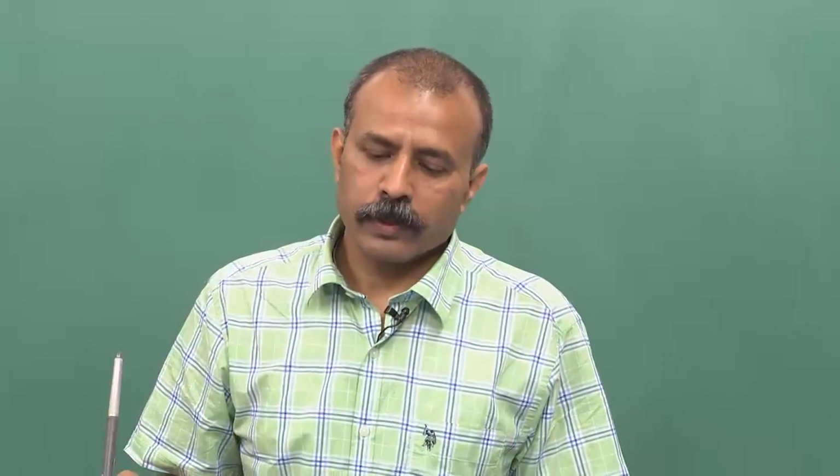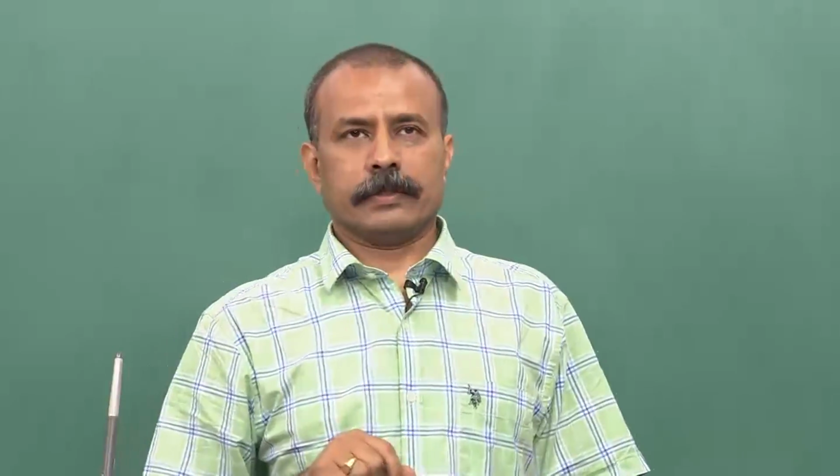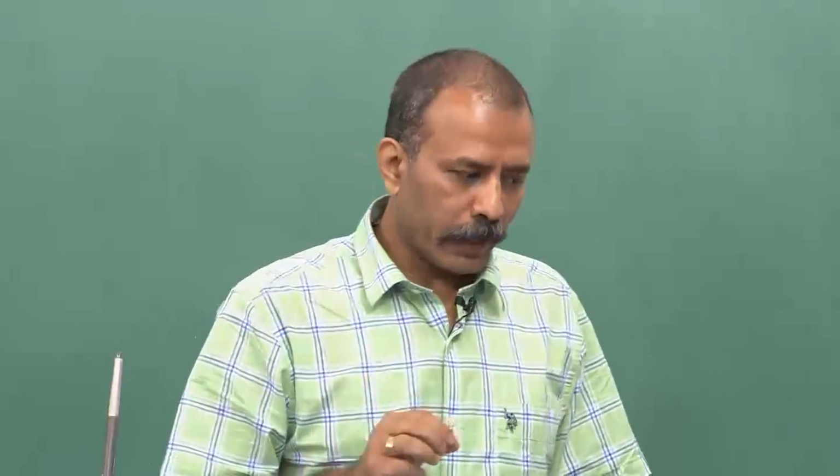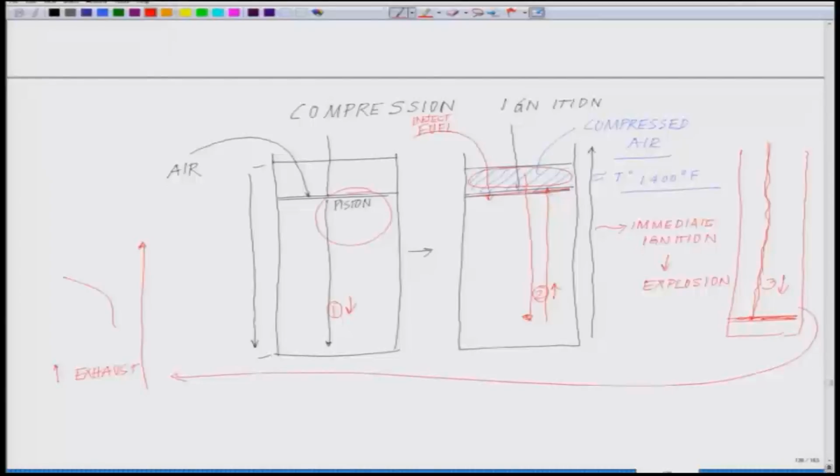That brings us to the concept of compression ignition engines. Now, having exposed you to these two different kinds of engines, we will go back to the concept of octane number. In the light of this information, your fundamentals will be clear about what the octane number means.